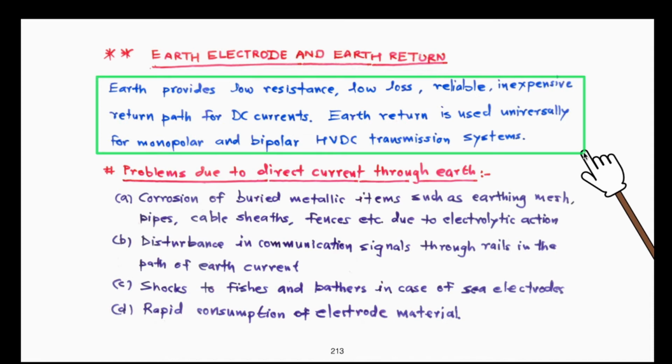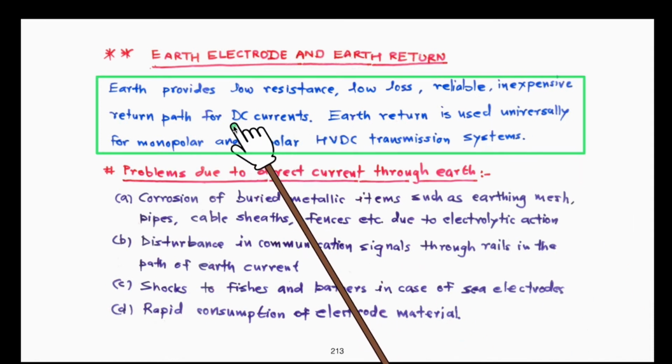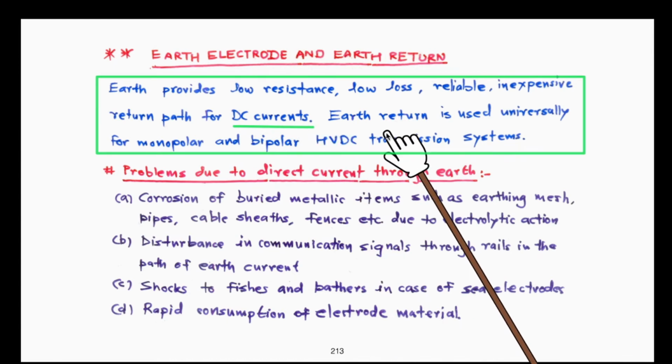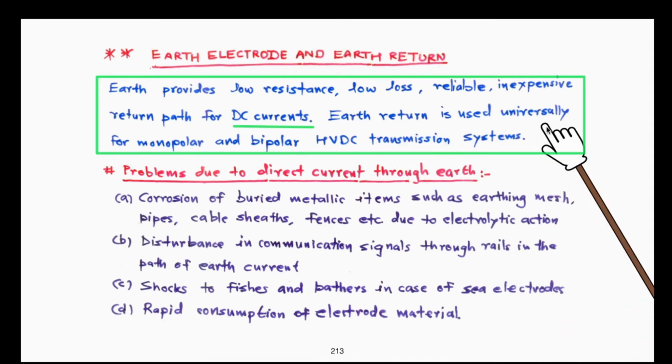Please remember, for DC currents, this is a low resistance, low loss, reliable and inexpensive return path. And it is used universally for monopolar and bipolar HVDC transmission systems.